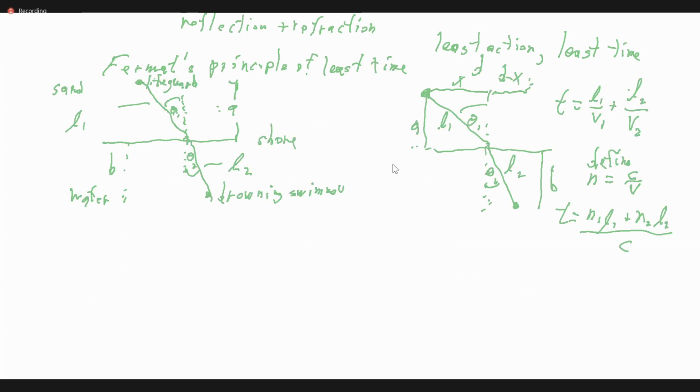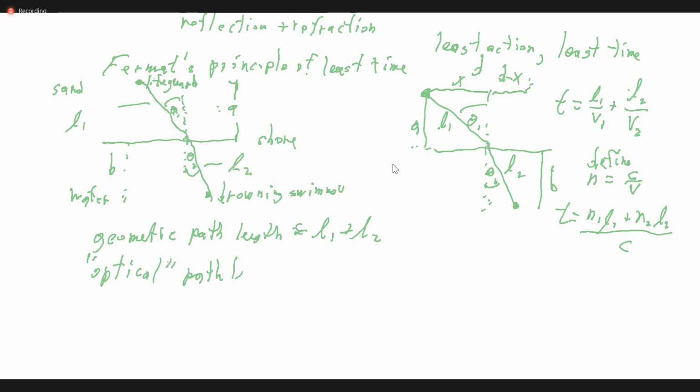So let's just keep track of things. The geometric path length is just L1 plus L2. That's the total distance the lifeguard has to travel to get to the swimmer. But the optical path, so-called, I'll put this in quotes because we're not doing optics just yet, we're almost there.